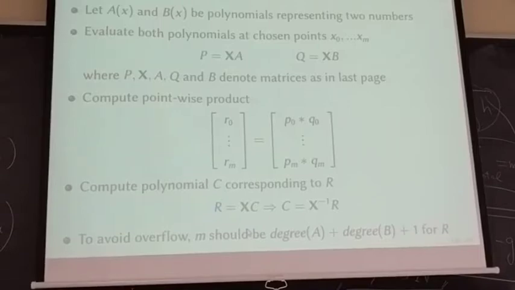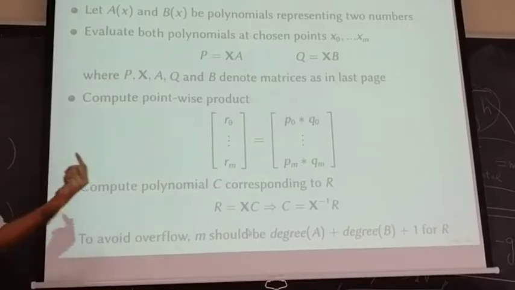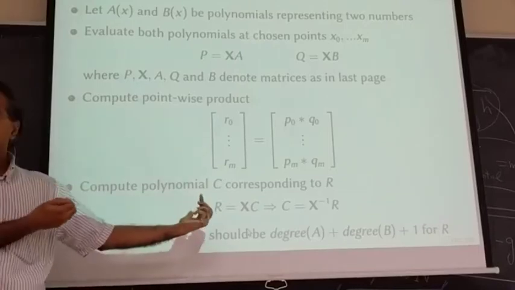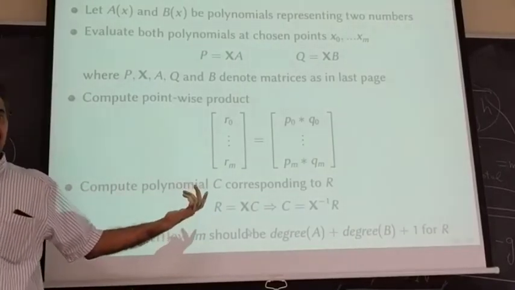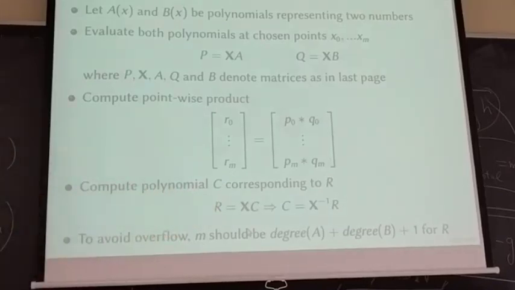Otherwise you'll have an overflow, because what you will get is the least significant n digits of the product, and then you will miss everything else. So you don't want that.